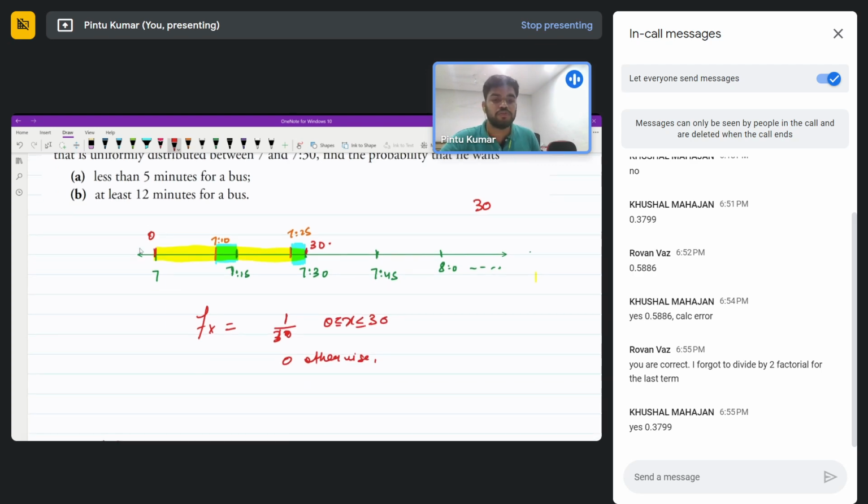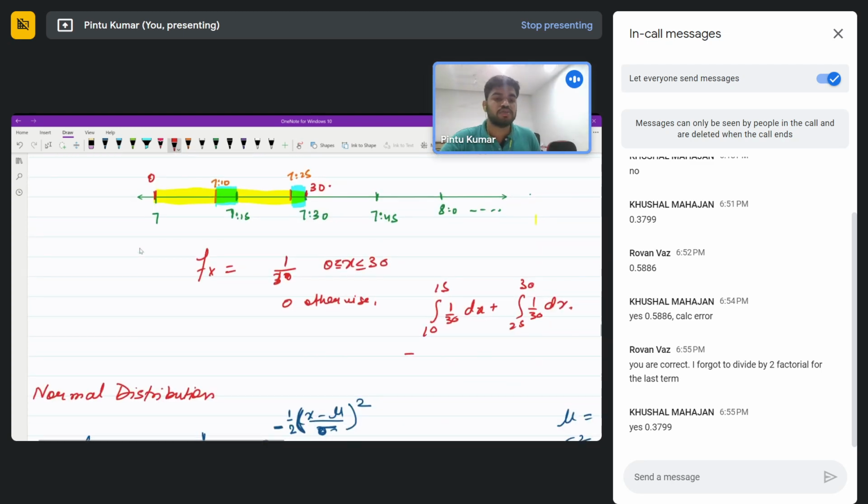This is the integral from 10 to 15 of 1/30 dx, plus the integral from 25 to 30 of 1/30 dx. So this is 5/30 plus 5/30, and this is nothing but 1/3. So there is a 1/3 probability that the person waited for less than 5 minutes.